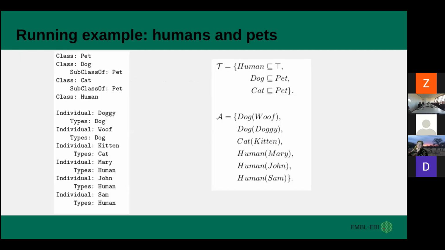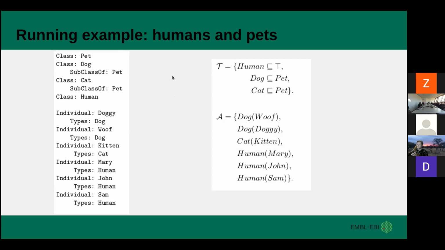Now, what I want to do is start with a very small ontology that will be our little example, and I will do this with you as we go through. We're going to assume that we want to create an ontology modeling humans and their pets. For this example, we will assume that our universe only consists of pets that are cats or dogs. I know parrots are beautiful, rabbits even more so, but for this world, we only care about cats and dogs as pets.